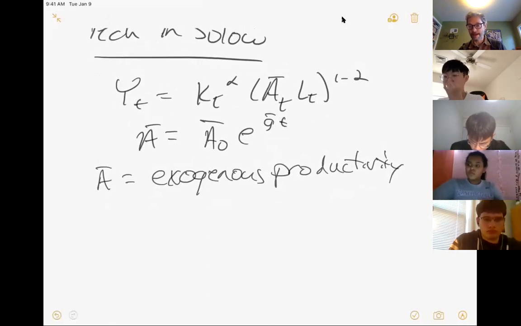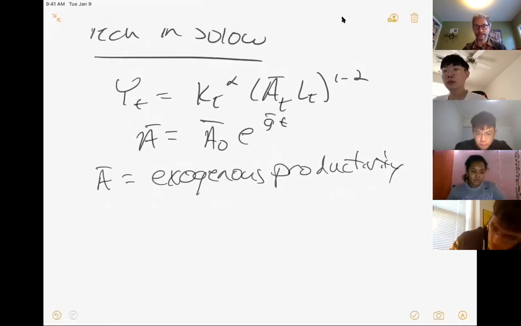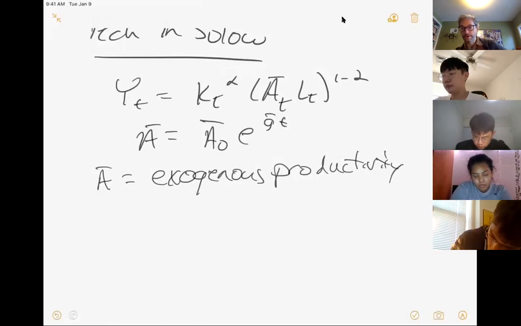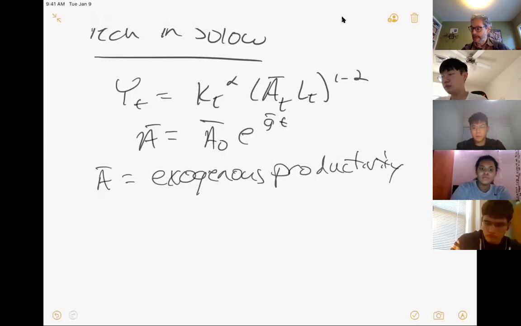We figure things out, we get better at doing things, and so now there's a way of increasing output without increasing inputs, okay? So now you can increase output by increasing your inputs like capital and labor, but you can also increase output by increasing your productivity. And so what we showed yesterday is now there's a balanced growth path.